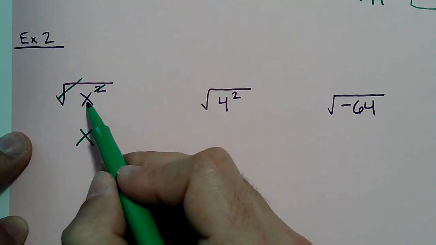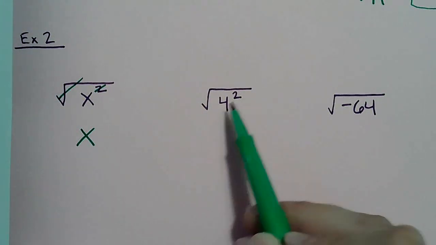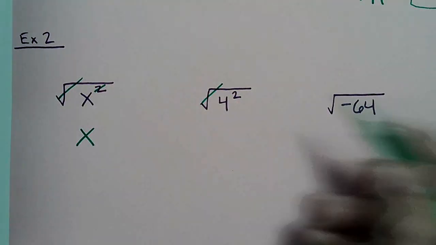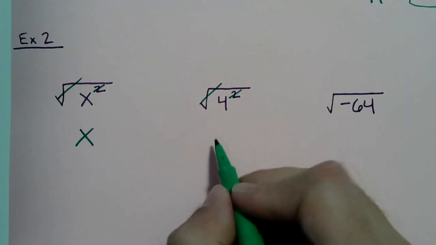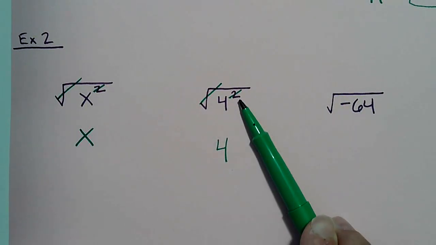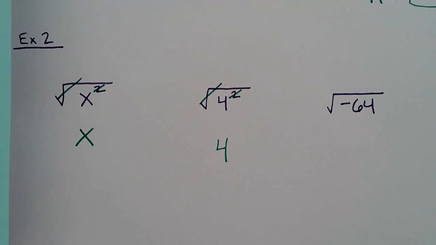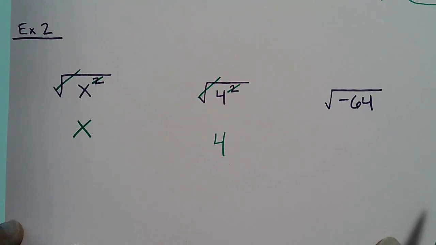Because think, if I took a number and I squared it and then I square rooted it, I'd be back at my original. If I had the square root of 4 squared, same thing. They cancel, leaving you with 4. Or if you think about it, 4 squared is 16. What's the square root of 16? It's 4.